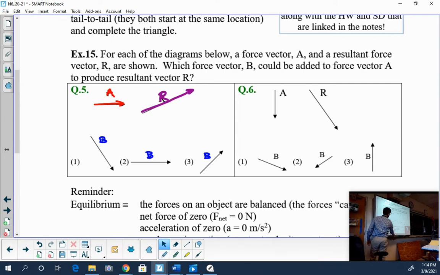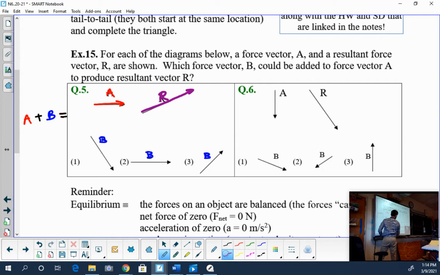Actually, in vector notation, you would write A plus B equals R. But what that actually means is you have to connect them head to tail. If these are all vectors, it does not mean 3 plus 4 equals 7.